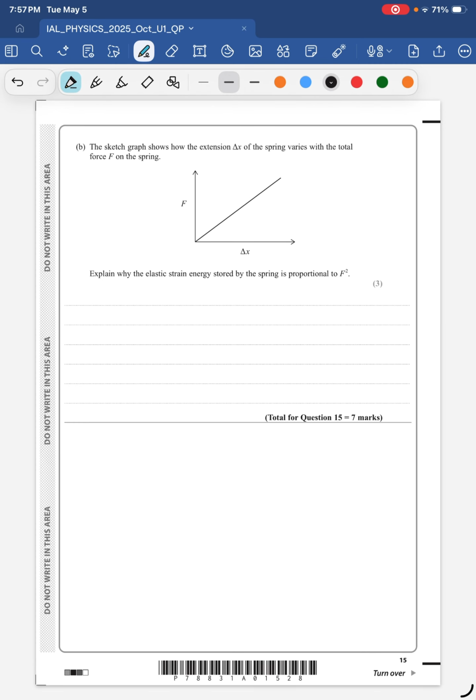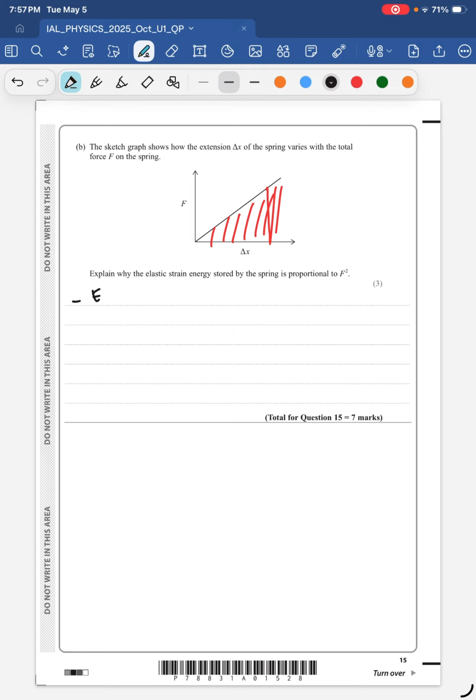The sketch graph shows how the extension delta x of the spring varies with the total force F on the spring. Explain why the elastic strain energy stored by the spring is proportional to F squared. So the area under this curve, so this area pretty much.